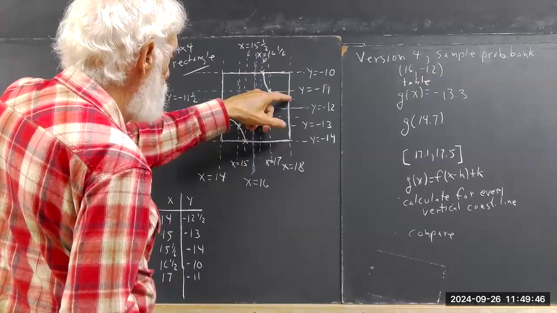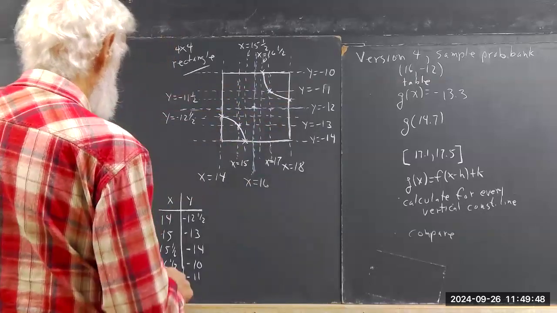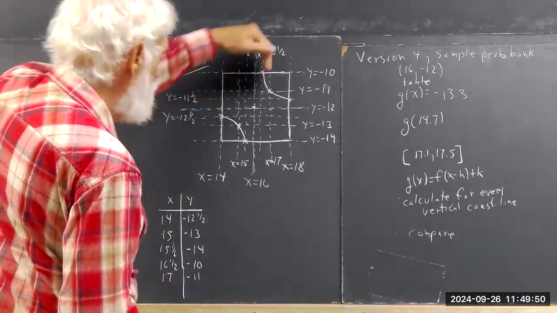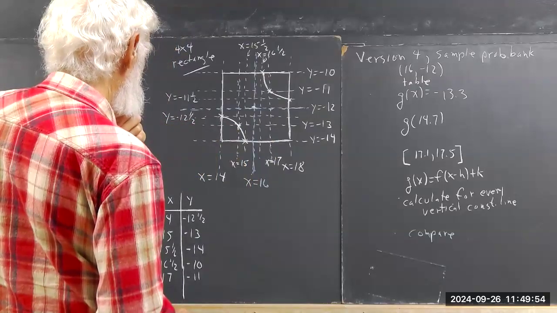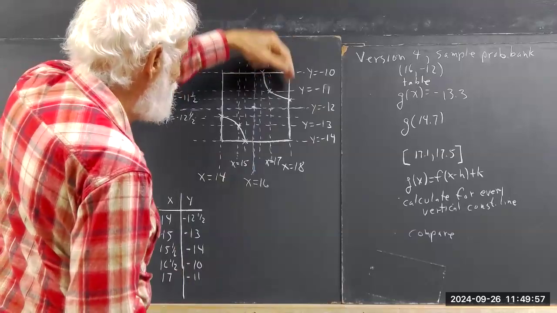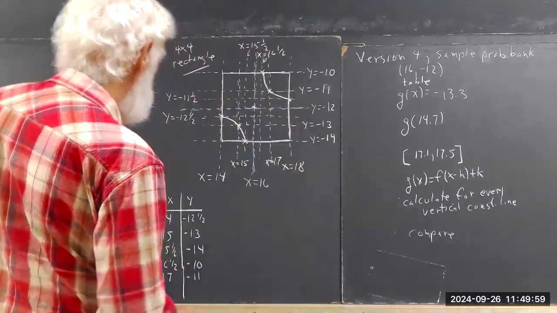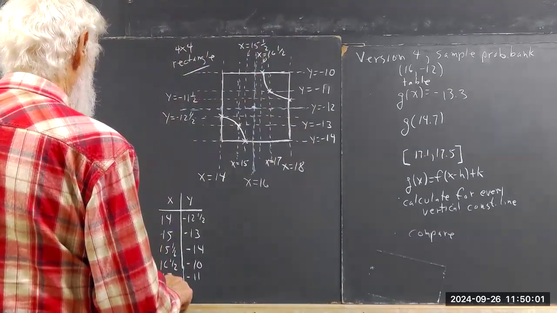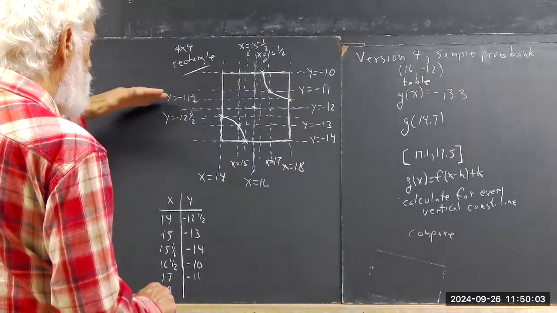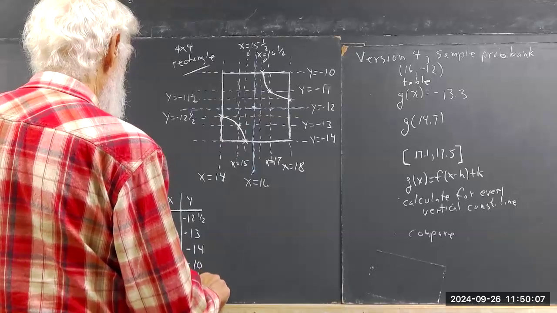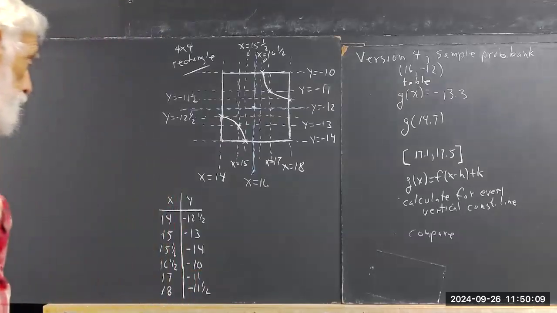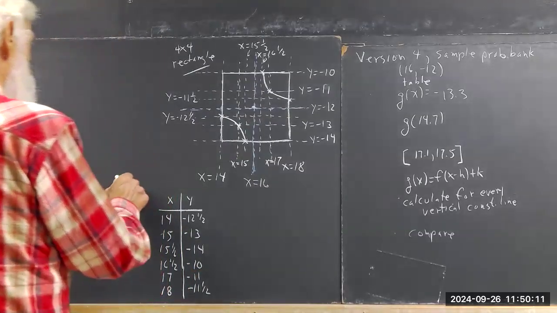And this point is on the x equals 18 line, and the y equals -11 and a half line. Okay, there's our table. And might even label this.